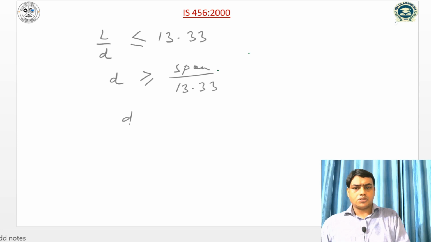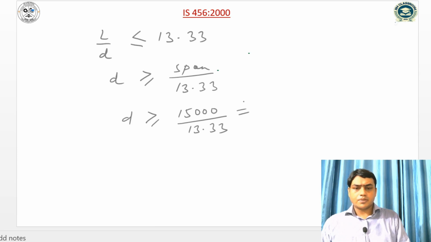or we can write D must be greater than span by 13.33. So D must be greater than, span is 15 meter, so 15,000 divided by 13.33, so it is coming 1125.28 mm.